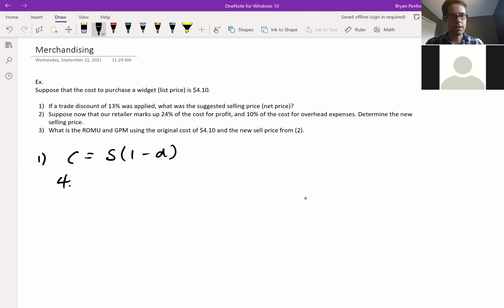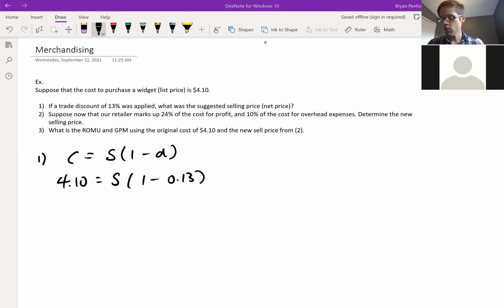this suggested selling price. So we know that our cost, yeah, I think Alexander has the idea here. So we're looking at a cost of $4.10. We're trying to determine our selling price or alternatively the net price, and we have a discount of 13%. Yeah, so it goes in and looks like this.